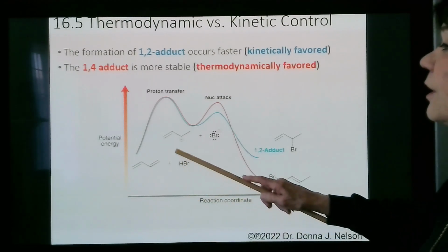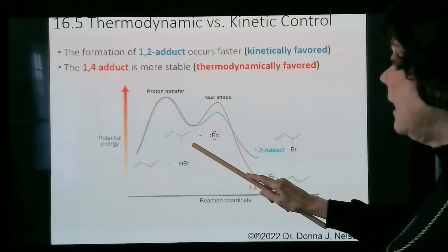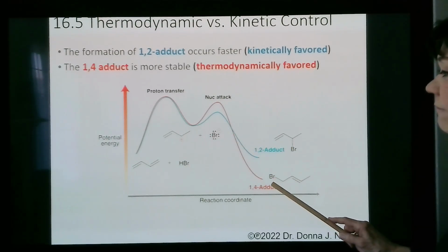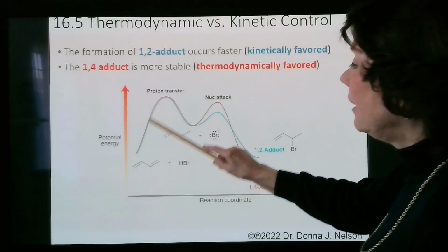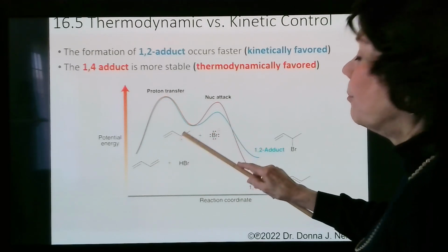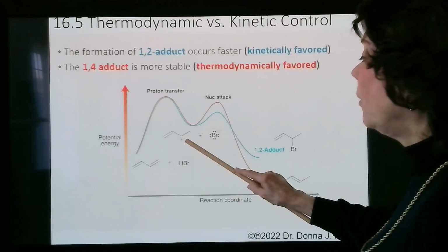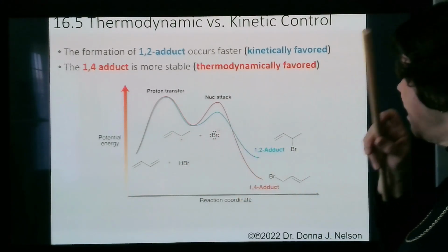So here let's look at an energy diagram. The first step in the formation of either the 1,2 adduct or the 1,4 adduct, the first step is identical. So here, the attainment of the energy barrier, the protonation, which is the first step, to give the allylic carbocation is the same in either reaction.